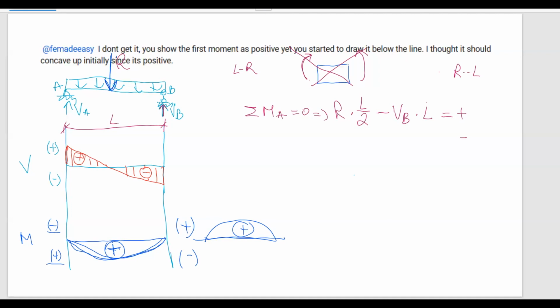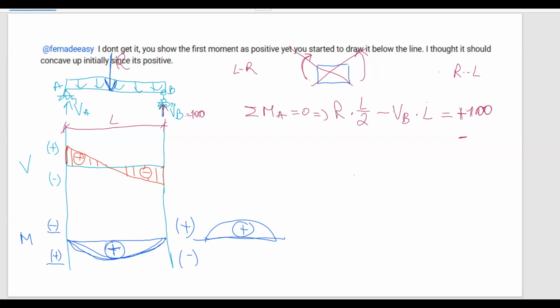Let's say you get plus 100. So if you get a positive result, that means you have chosen the correct direction, and your value here of the reaction is 100.